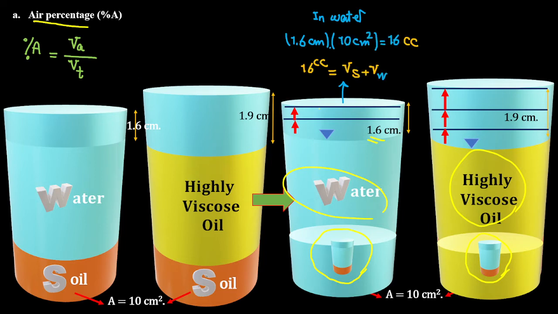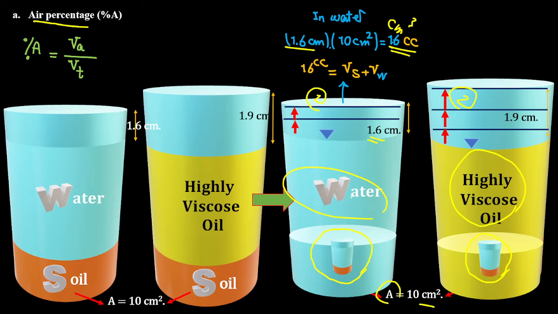In case one, and we call it case one and case two, when we relocate our soil sample in just water, it's a 1.6 centimeter height rise times the area of the base, which is 10 centimeter squared, and that's 16 centimeter cubed, which is 16 cc in terms of volume. 16 cc is equal to volume of soil plus volume of water.